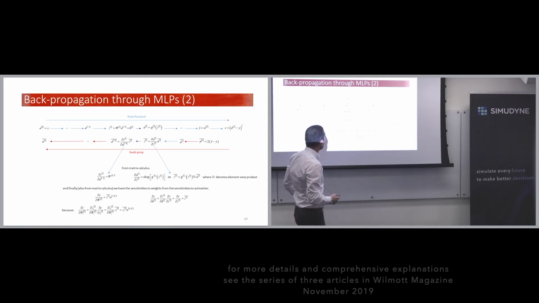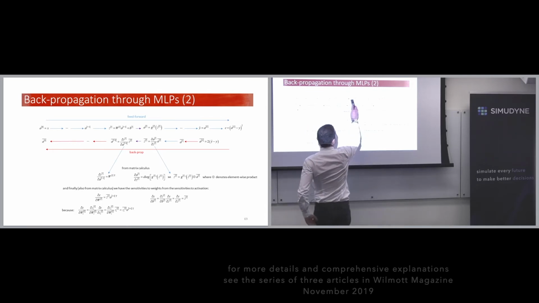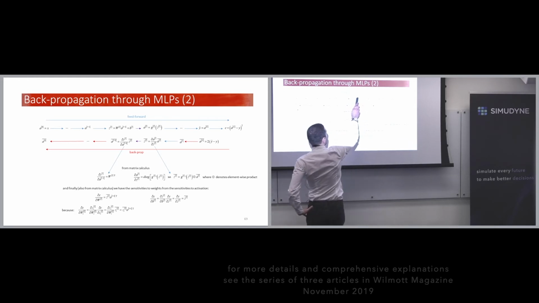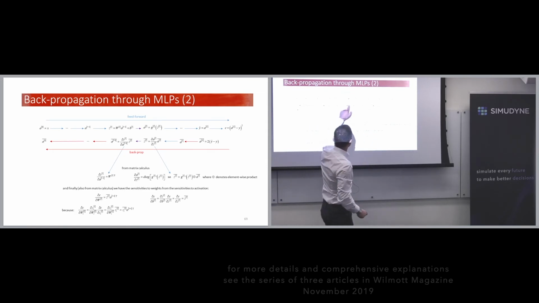The first one: when I went forward, I knew ZL, and I activated it element-wise with G, right?